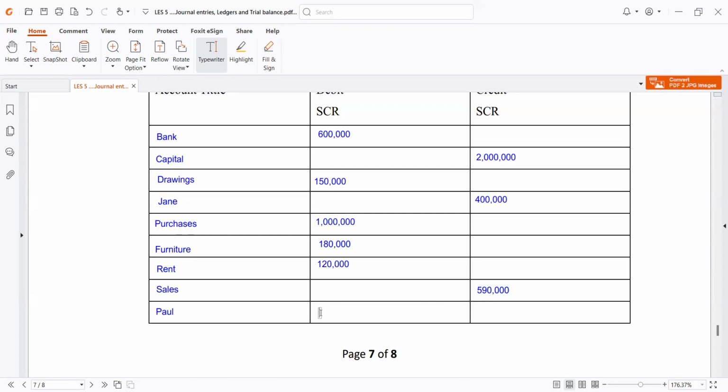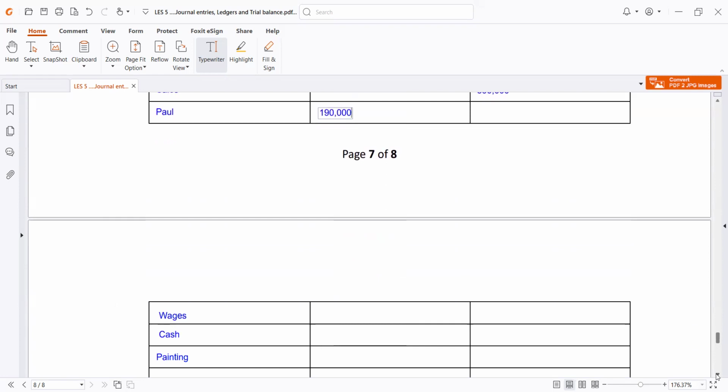Paul is on the debit with 190,000. Then we have wages, 60,000. For cash, 665,000. For painting, we have 25,000.